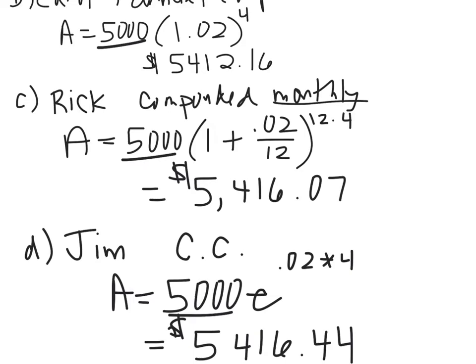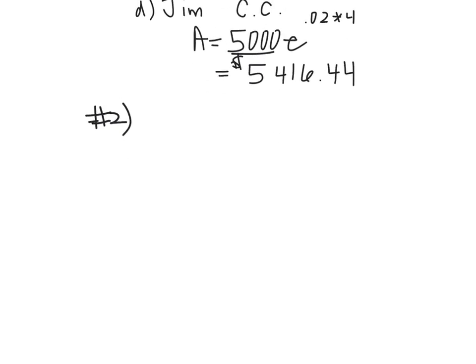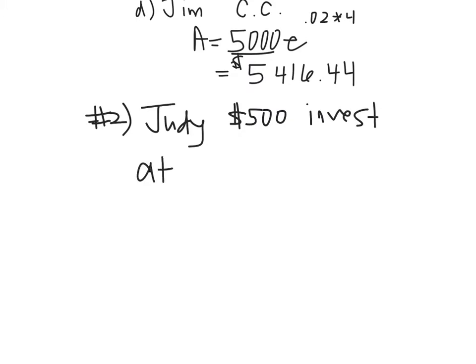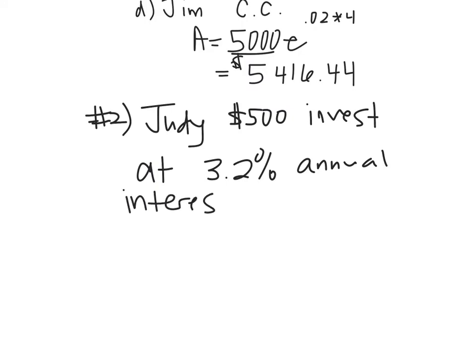Okay. Number 2. Judy, another old person, right? Judy has $500 to invest, good for her, at 3.2% annual interest. And here comes the harder question.